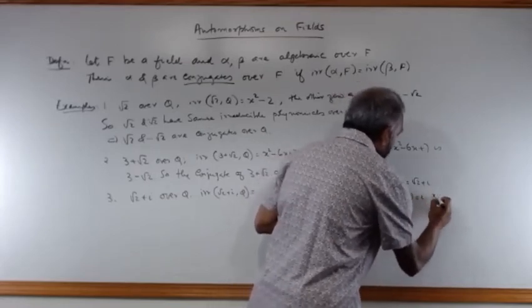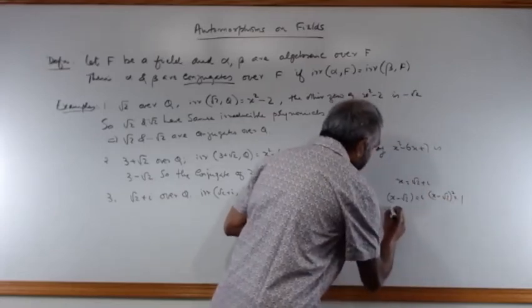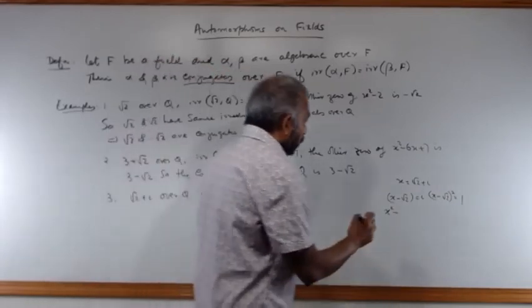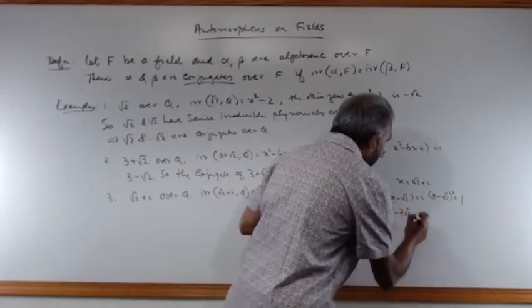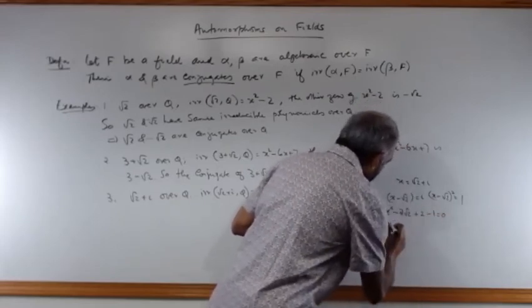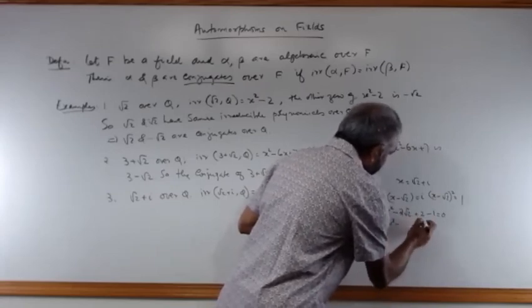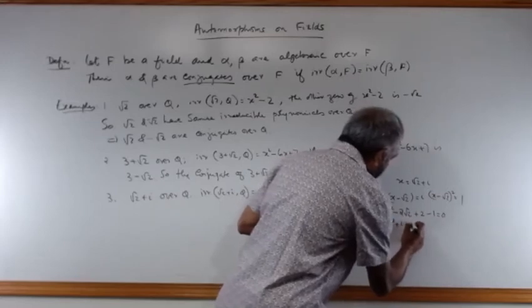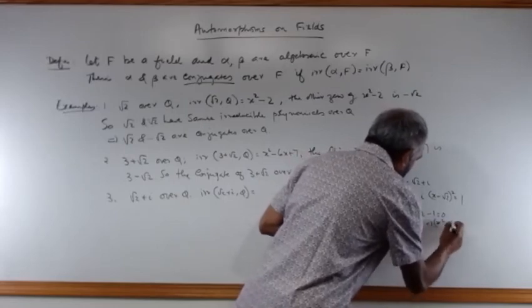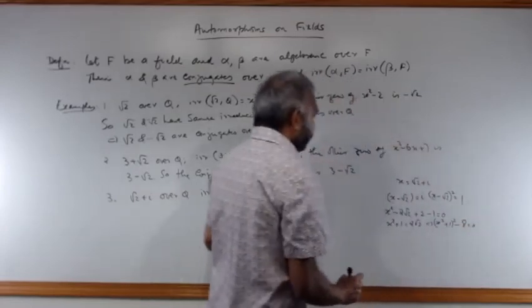So x minus root 2 square is equal to minus 1. So x square minus 2 root 2 x plus 2 plus 1 equal to 0. So x square plus 3 is equal to 2 root 2 x, and that implies x square plus 3 whole square minus 8x square is equal to 0.